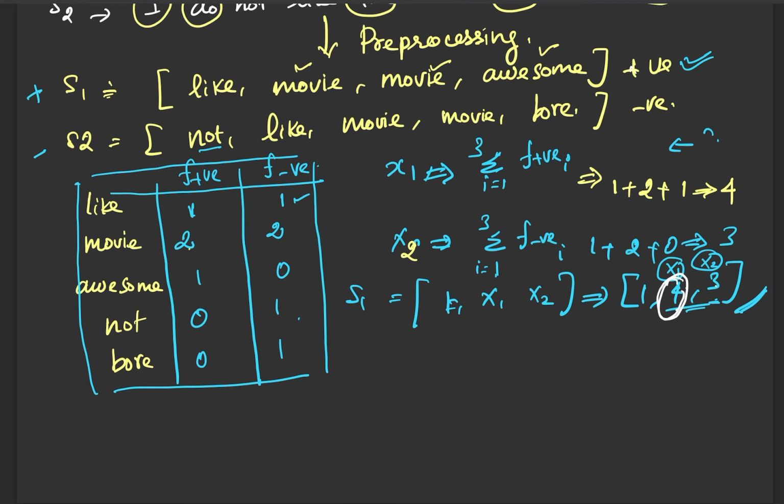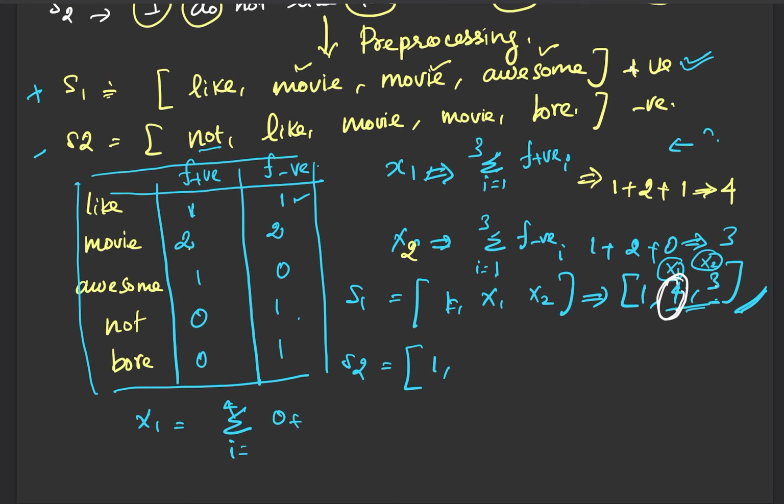Similarly, we compute the feature space for S2. What is my x1? x1 will be computed over how many unique words? 1, 2, 3 and 4. Here it is i from 1 to 4. Look at the positive frequency: how many times did "not" appear in positive frequency? 0.